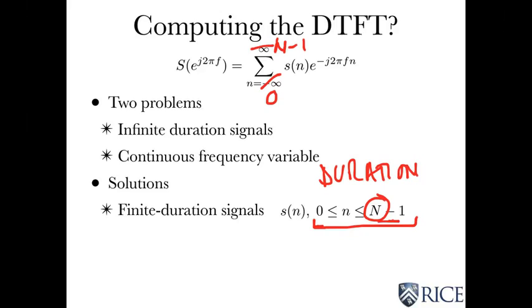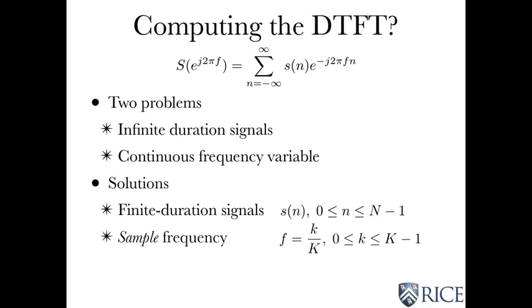And so that's easy to fix. The solution, though, to f being a continuous variable is kind of surprising. We're going to sample in frequency. So we're defining a sampling rate, which is 1 over K, and we're going to evaluate frequency at little k over K for little k ranging over 0 to capital K minus 1.